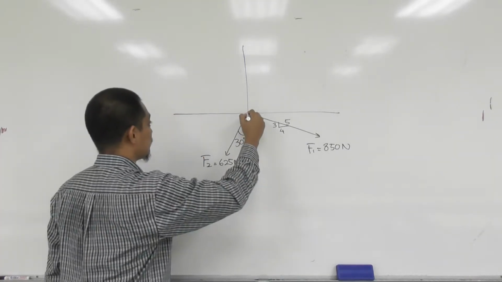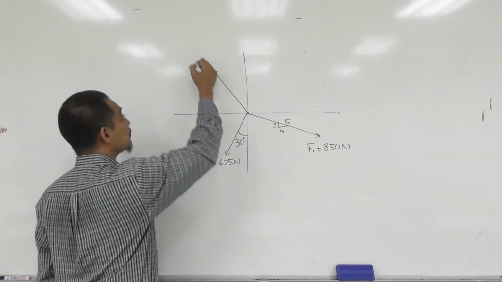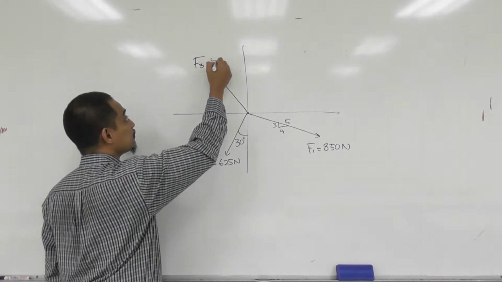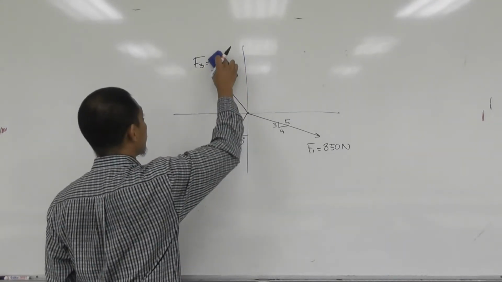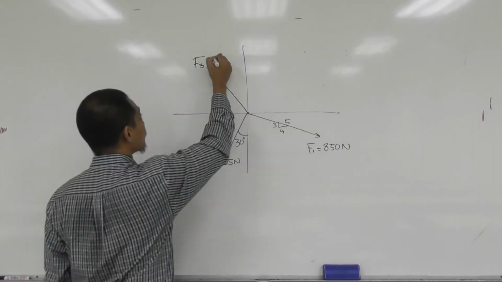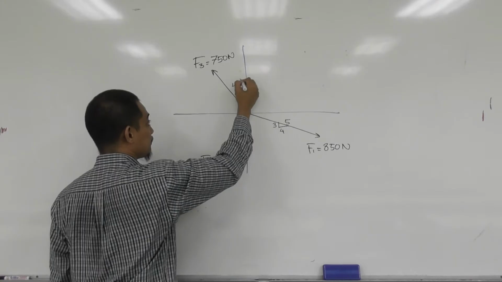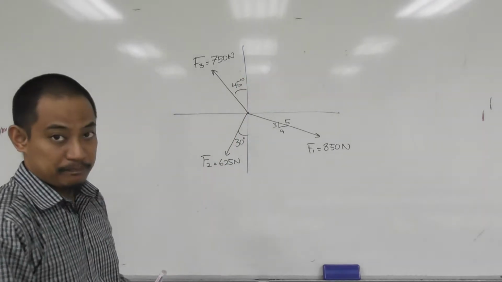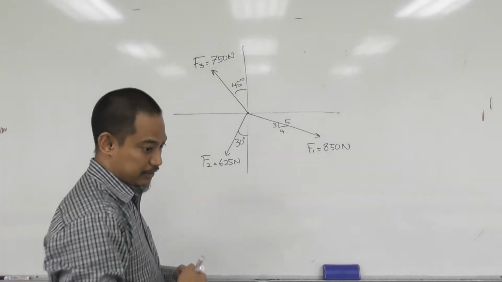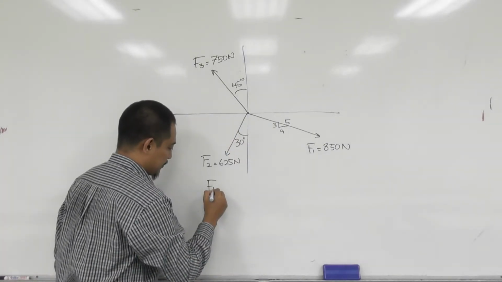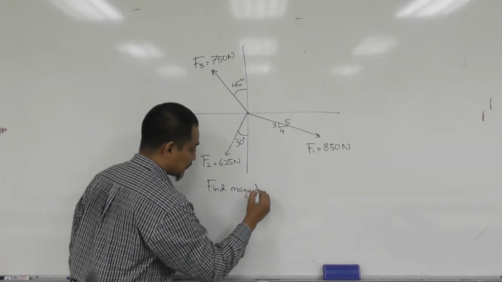And then F3 is 750 Newton, 45 degrees. Right? So in this question, you are given 3 forces and you need to find the magnitude of the resultant force.